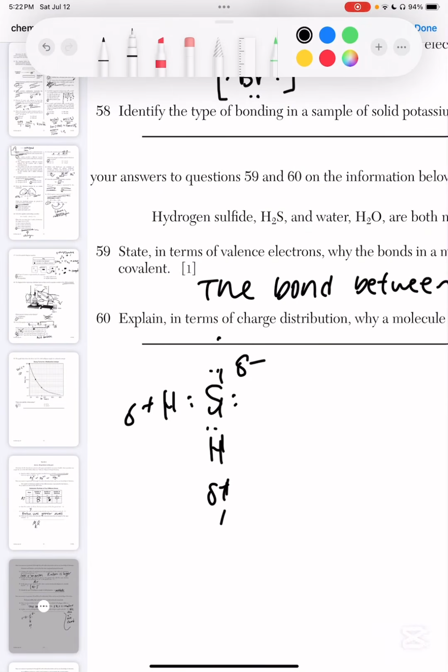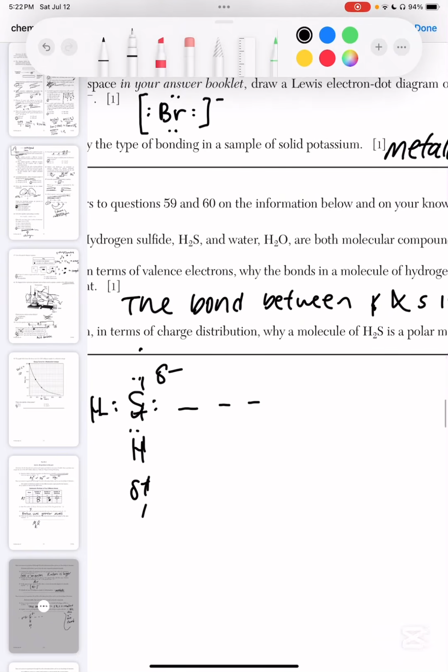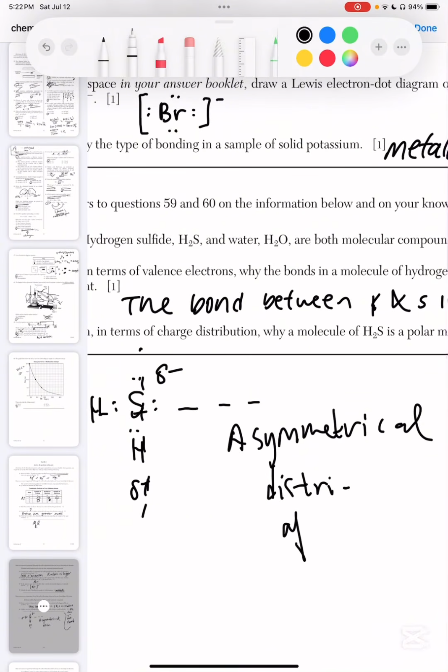If you look at the charge distribution, that's asymmetrical, right? So you can say asymmetrical distribution of charge.